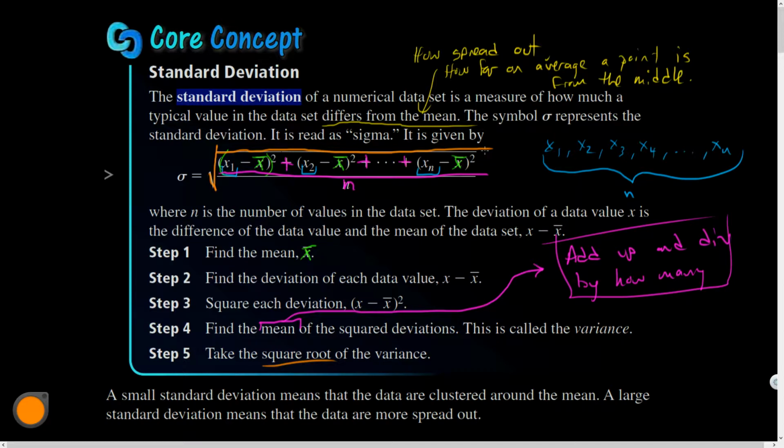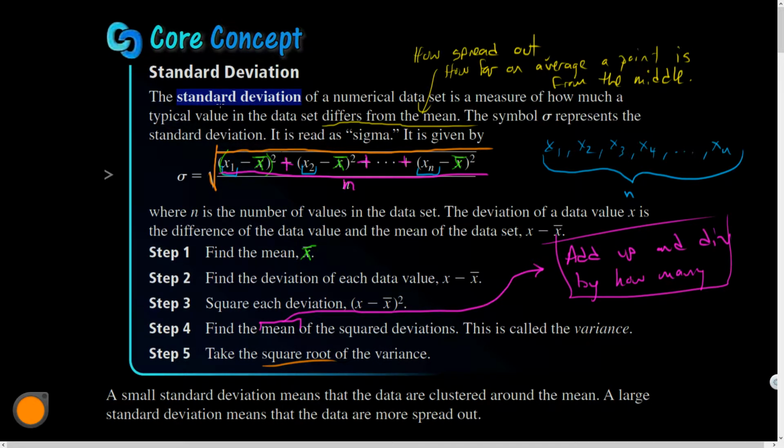So there's a lot of steps here. Good news, you have those steps written down. Good news as well, I made a table for us for our first problem. Now, you might be like, well, Mr. Wadi, why do I want to do this? How is this going to help me? Now, standard deviation is going to give us a single number that describes how densely packed or spread out the data is.